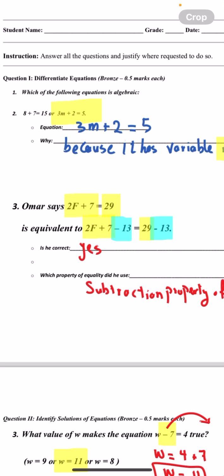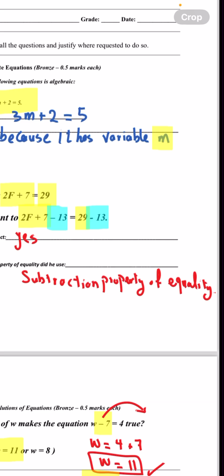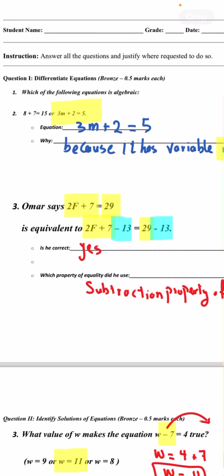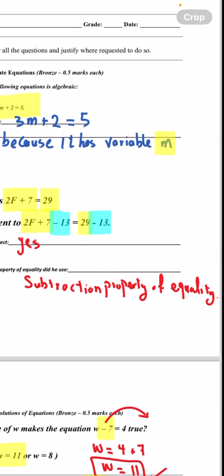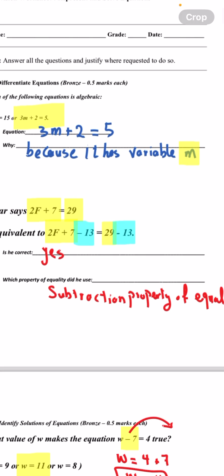And the second question: Omar says 2f plus 7 equals 29 is equivalent to 2f plus 7 minus 13 equals 29 minus 13. So he said that these two equations are equivalent. The answer is yes, because we subtract the same number from both sides, which is the subtraction property of equality, which means that we can subtract the same number from both sides.